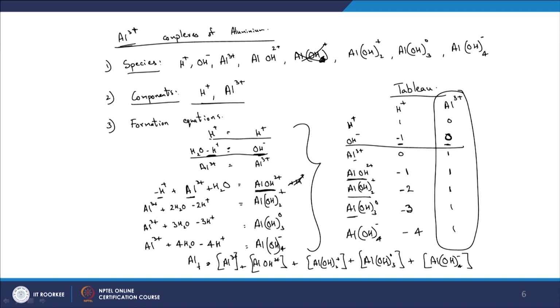Again, where did we get this particular equation from? From this particular tableau, or the component balance.